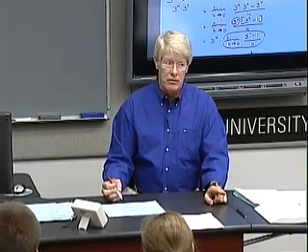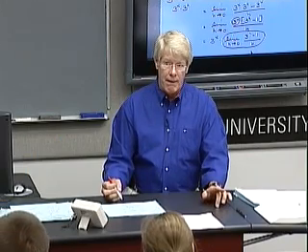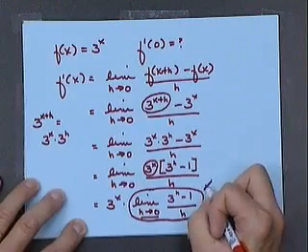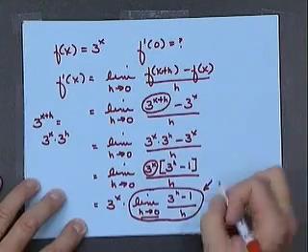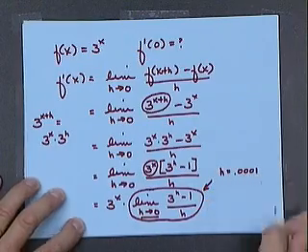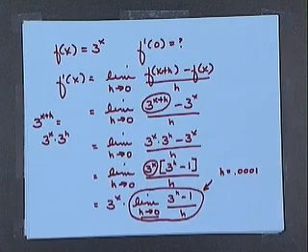Any suggestions? Are we supposed to let h be 0? No. We're supposed to let it approach 0. So let's do that. In this circled piece right here, let's say that h is 0.0001.